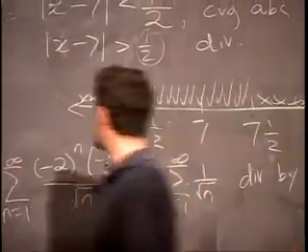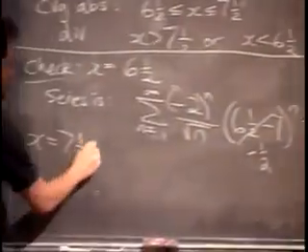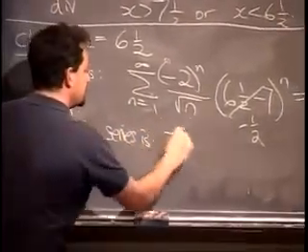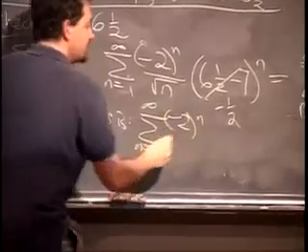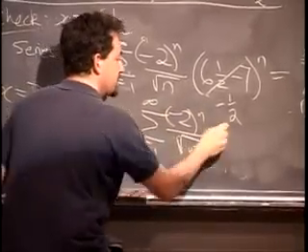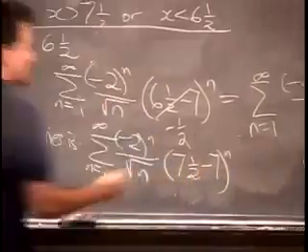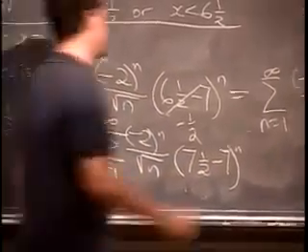However, what happens at x equals 7.5? We check this and then we go home. The series is minus 2 to the n over root n times (7.5 minus 7) to the n. 7.5 minus 7 is 1/2.